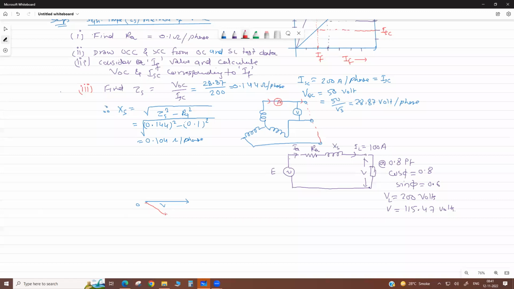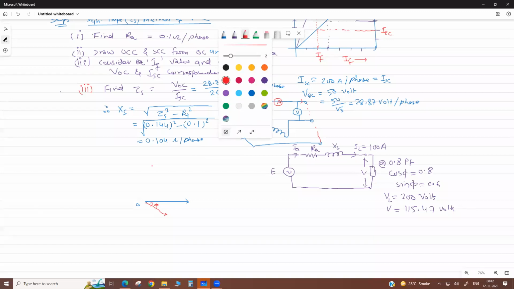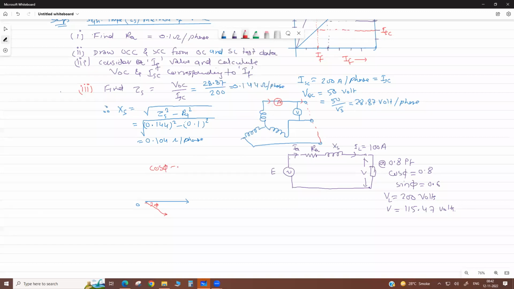This is your armature current. It lags by phi. My dear, you can calculate now, this cos phi is 0.8, then phi equals cos inverse 0.8. You get 36.87 degree. Okay, so this is the phi, and this is your V.